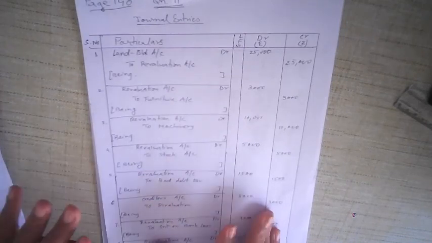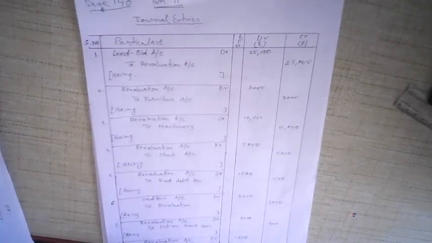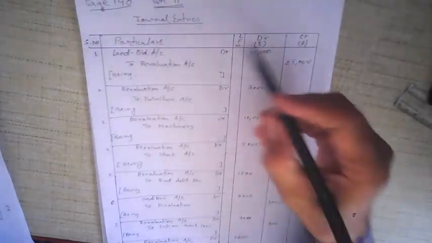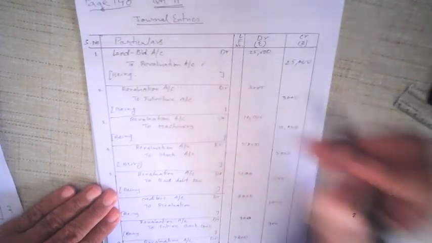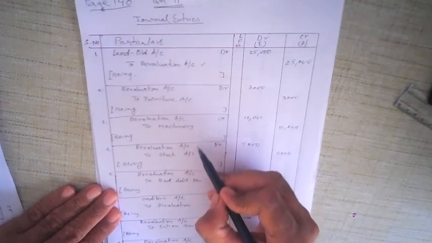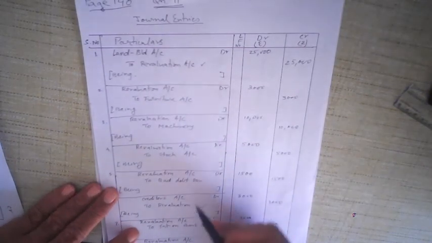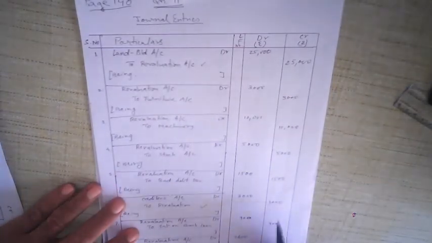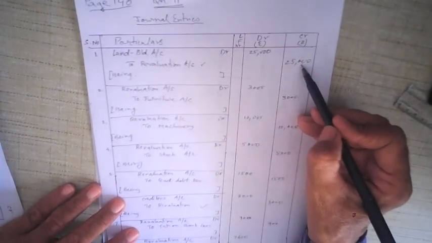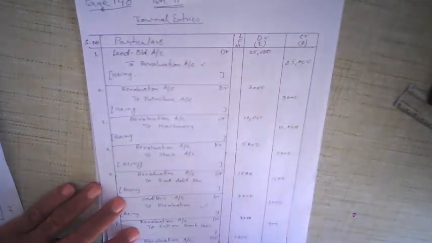After that, if you want to find the profit or loss, take the credit side. Here, see revaluation account, this is credit. Wherever there is credit, these are only 5, 3,000 plus 25,000, that is 28,000 on the credit side.